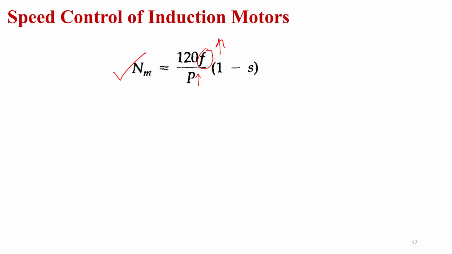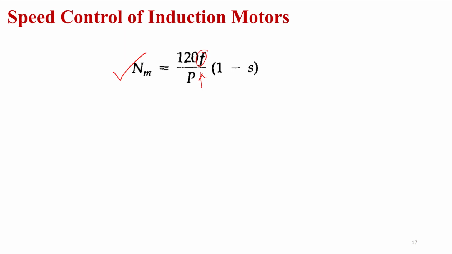Similarly, it depends upon the number of poles as well. If the frequency is maintained constant and I can change the poles inside the machine, then I can get the speed according to my wish. So these are the two methods generally employed.